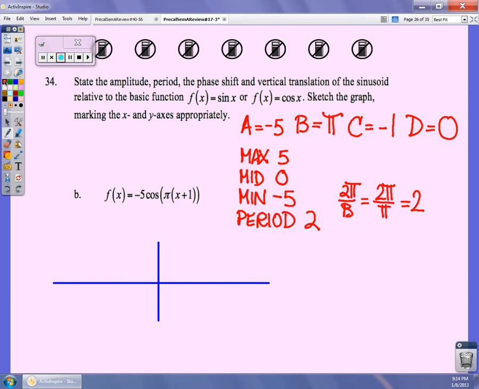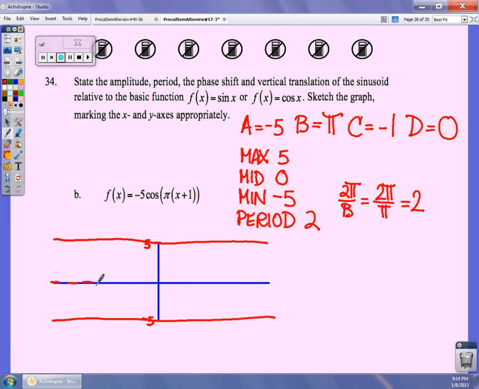Now, remember, we have a maximum of 5. Going to draw that in there. We have a minimum of -5. We'll put that in here.